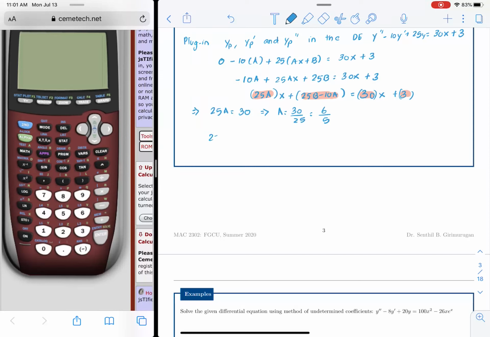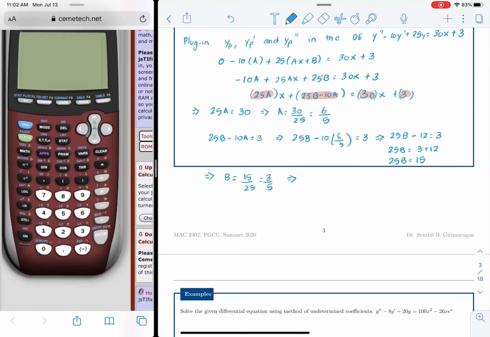And we know 25b minus 10a equals 3, which would imply 25b minus 10 times 6 over 5 equals 3, which would imply 25b minus 12 equals 3. 25b equals 3 plus 12, which would mean 25b equals 15. Divide by 25 on both sides. b is 15 over 25, which is 3 over 5.